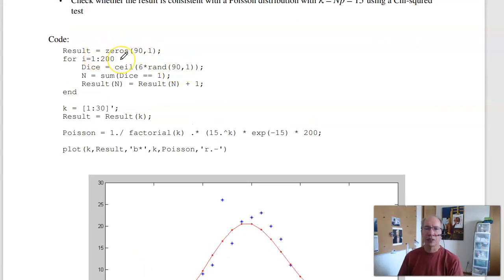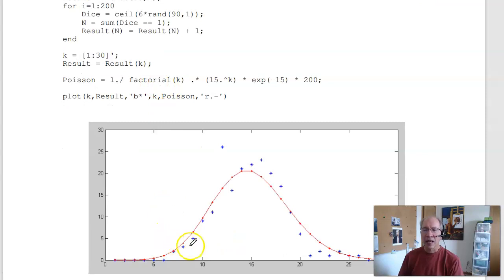Here I rolled the dice 200 times. This is how many times I got 1, 2, 3, 4, and so on ones. And those are the blue stars. The Poisson approximation would be the red line. Are the two consistent?